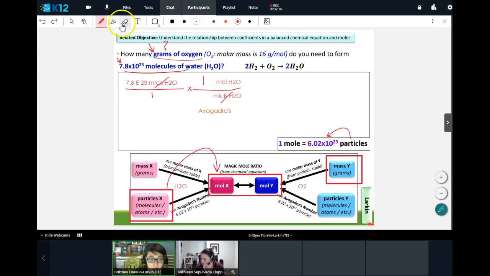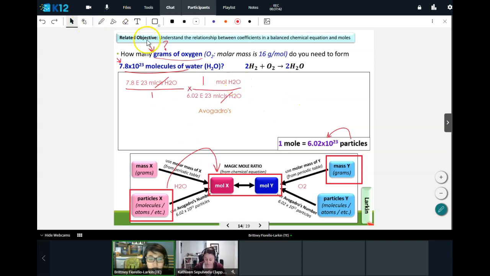What goes next to particles for Avogadro's number? We should have this number pretty much memorized by now. There we go. I see Shelves, I see Camilla, I see Anthony. Yes. 6.02 times 10 to the 23rd, in calculator form, 6.02 E23.